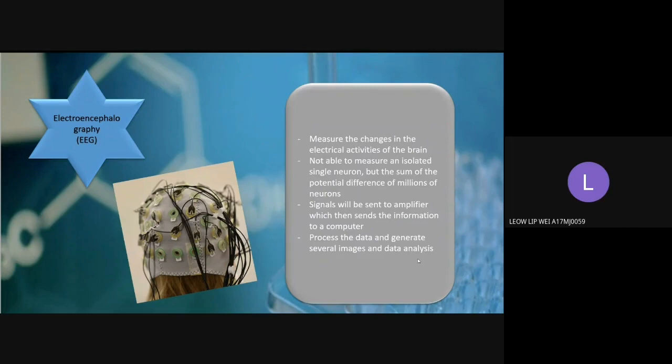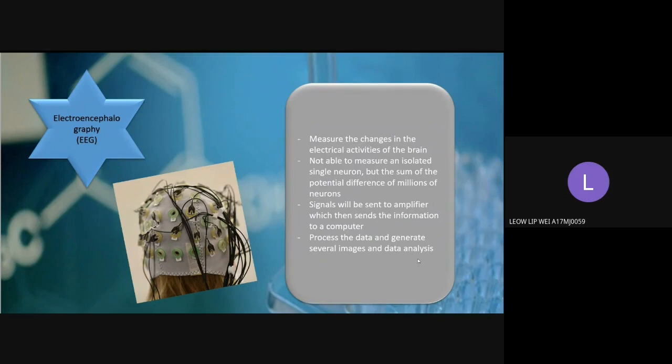We must know that EEG cannot measure an isolated single neuron, but it can measure the sum of the potential difference of millions of neurons together. Therefore, signals captured through the electrodes are sent to an amplifier, which then sends the information to the computer. Then the computer will process the data and generate several images and data analyses.